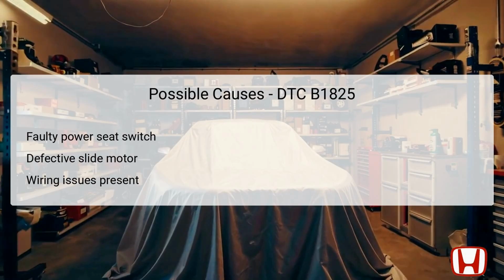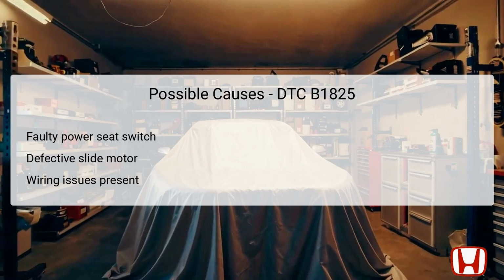The first possibility is a faulty power seat switch that may not properly relay the signals needed for motor operation. If the switch is defective, it will fail to transmit the necessary adjustments, thereby resulting in a slide pulse error. Another common cause is a defective slide motor that may be unable to respond adequately to the commands provided by the control unit.